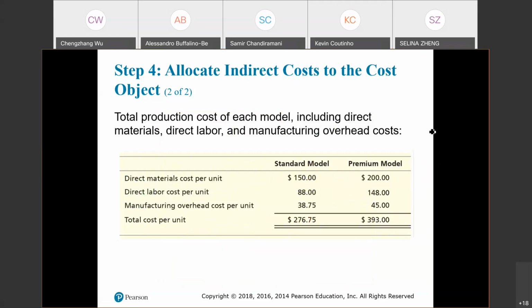All right, this is the allocation of indirect cost to cost objects. For standard model, we use the same thing: direct material plus direct labor plus manufacturing overhead cost per unit, which is the number calculated in the previous slides.